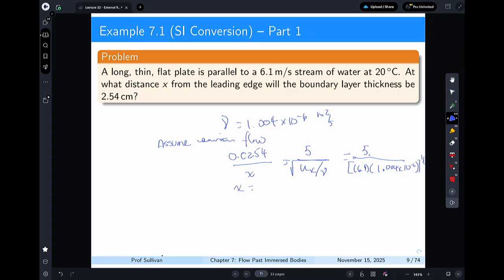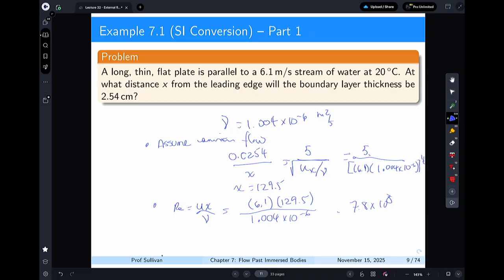And we get x equal to 129.5. So we check that with the Reynolds number, which is Ux over nu: 6.1 times 129.5 over 1.004 times 10 to the minus 6, which is 7.8 times 10 to the 8th.